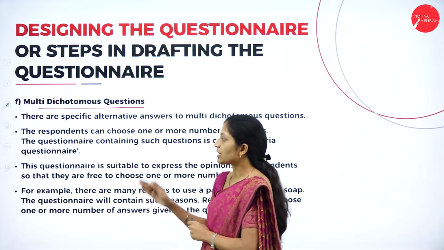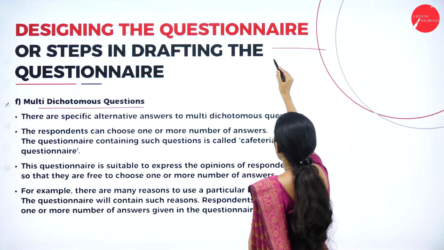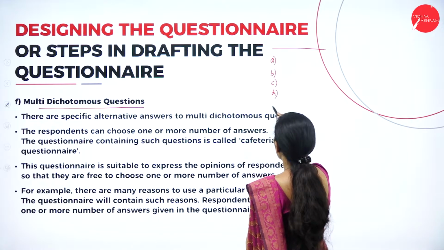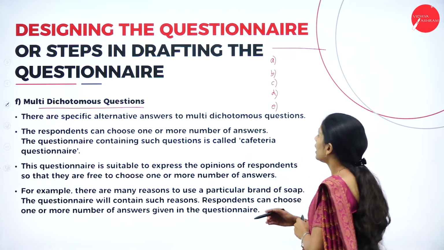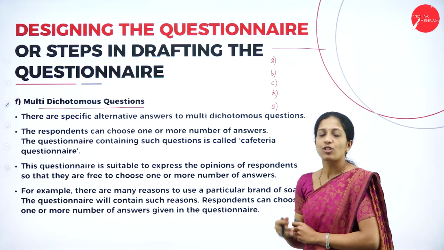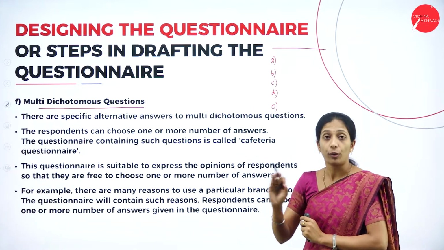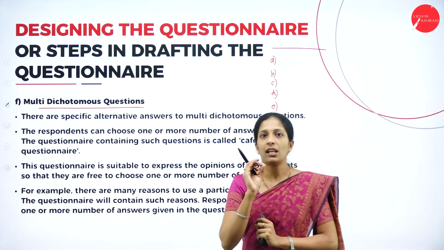Next one is the multi-dichotomous question. Now, before the explanation, I will give an example here. They have asked a question where you will have options A, B, C, D and E. Now, the answer is not only one, like dichotomous, where the answer will be only one.